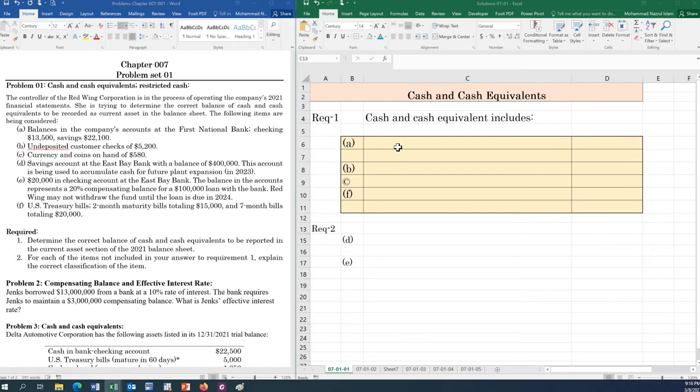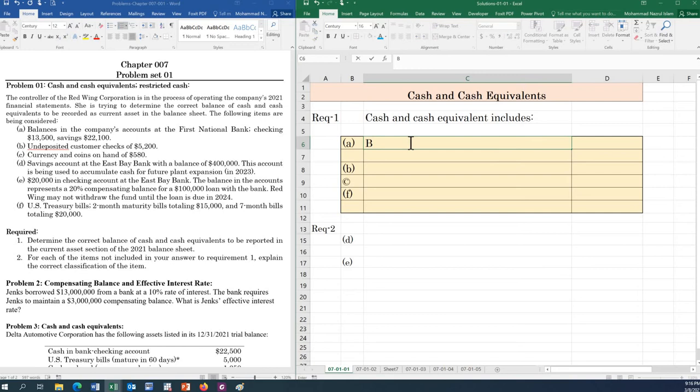Now let's go. I already have the template. So, cash and cash equivalents. The first one, we should report A as a cash and cash equivalent because they are in the checking and savings account in the bank. We can have the money whenever we need it.